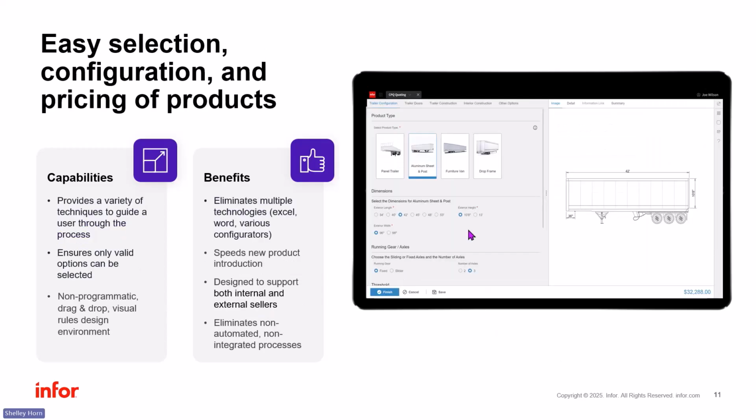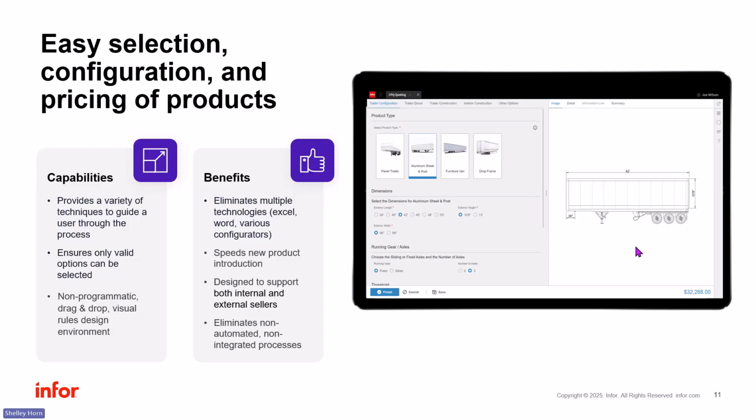We talked about the easy selection and pricing of the products, and I mentioned that there were a variety of different ways that you can engage your user. So what you see over here to the right is actually a 2D fully parametric model. And if I would go in and select different dimensions or a different slider axle instead of a fixed axle, these can generate new images immediately.